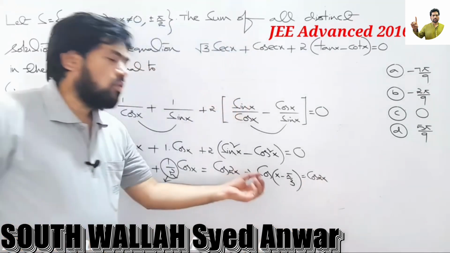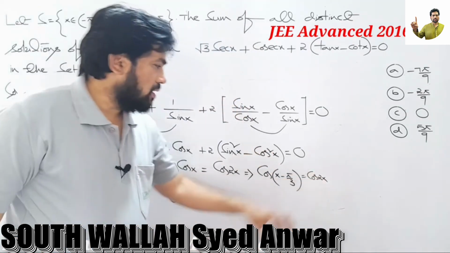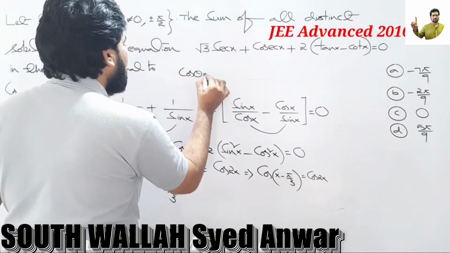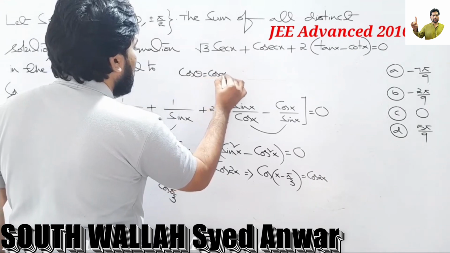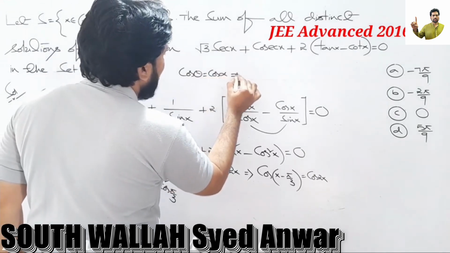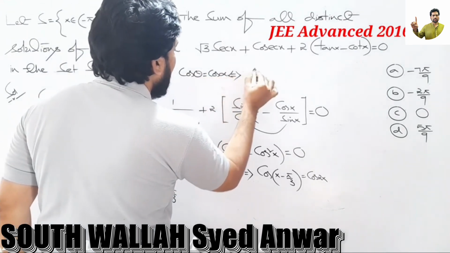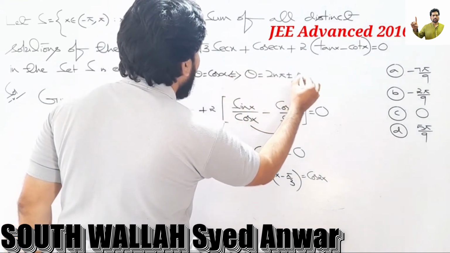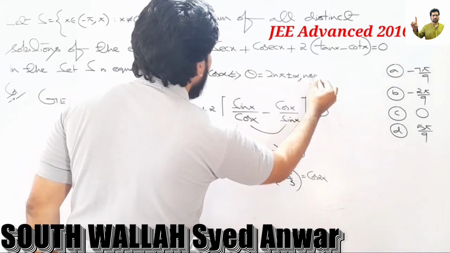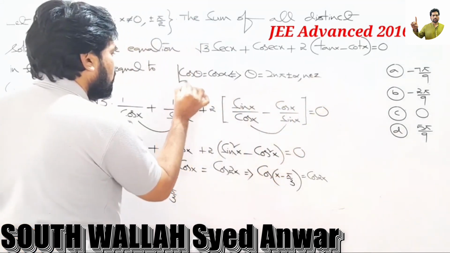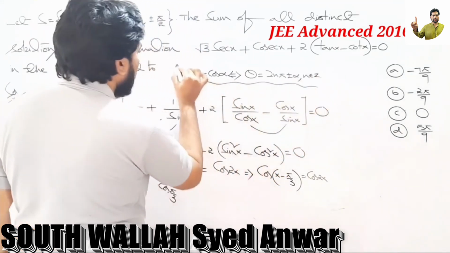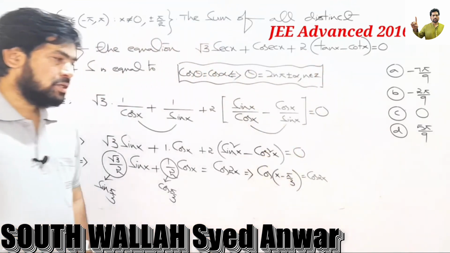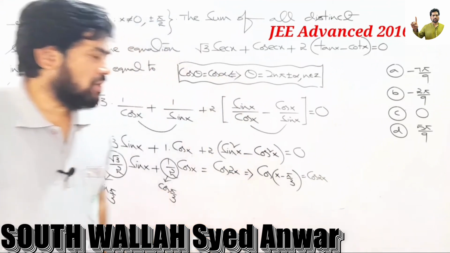Now this is of the form cos theta is equal to cos alpha. Cos theta is equal to cos alpha if and only if theta is equal to 2n pi plus or minus alpha, n belongs to capital Z. Now I am going to apply this formula here.